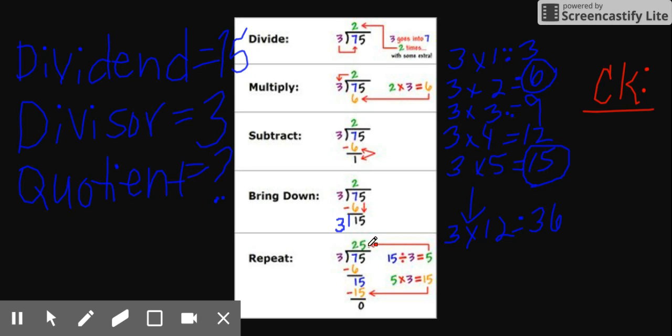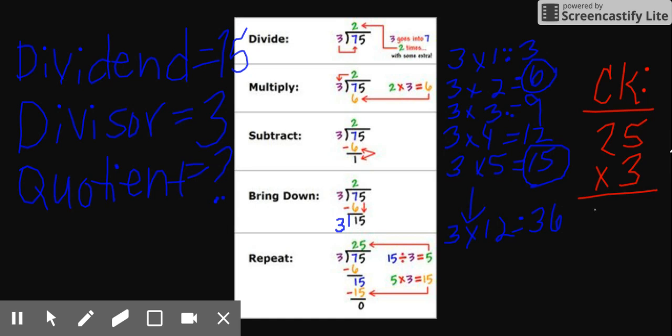So I'm going to multiply my answer, 25, times the divisor, which is 3. And when I multiply those two numbers together, I should get 75, the dividend. If I do not get 75 as my answer, I know I've done something wrong and I need to go back and check my steps again.